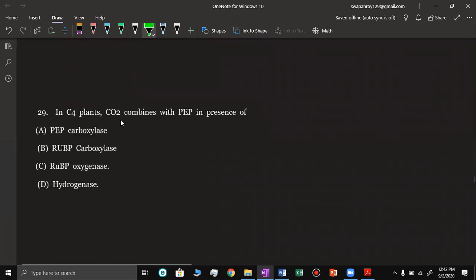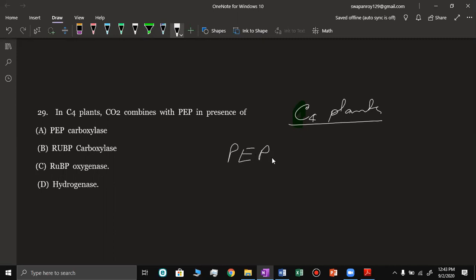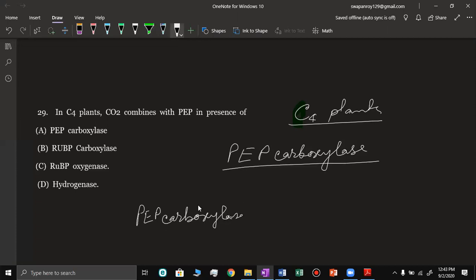Next question, in C4 plant, carbon dioxide combined with PEP in presence of, say in case of C4 plants, there are two carboxylations that we have learned, and the initial carboxylation is carried out by the enzyme called PEP carboxylase, which takes part in this.